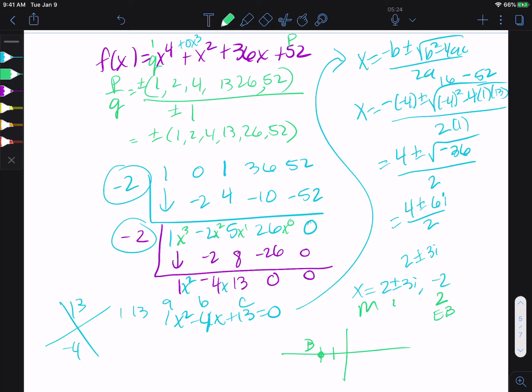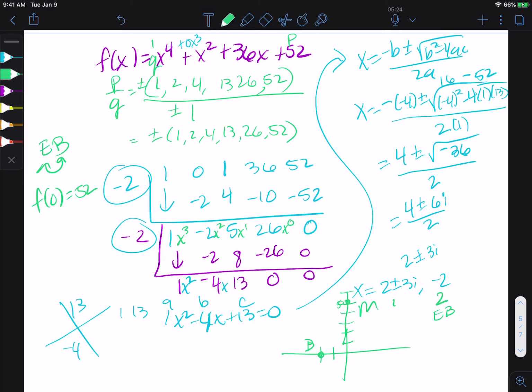So we're going to have our end behavior is this kind of a shape. And then we have the y-intercept that we can find. We plug in 0, so if we plug in 0 to all of these, we're going to get 52. Right, so 10, 20, 30, 40, 50, and then 52 would be there-ish, right?